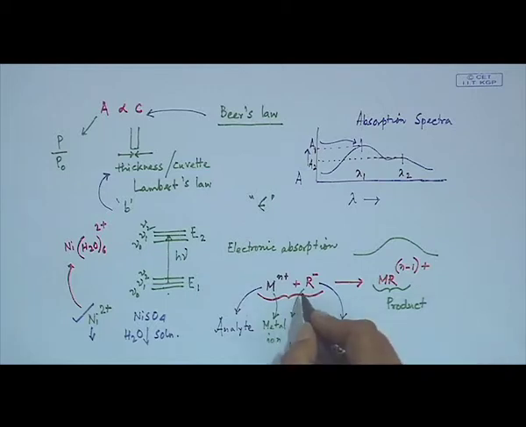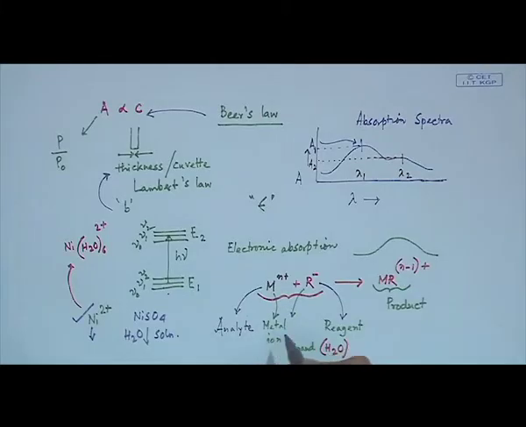We use some reagent, as we all know now, for our qualitative identification and quantitative estimation. One particular well known reagent for binding or coordination to the nickel center is dimethyl glyoxime, DMGH2.